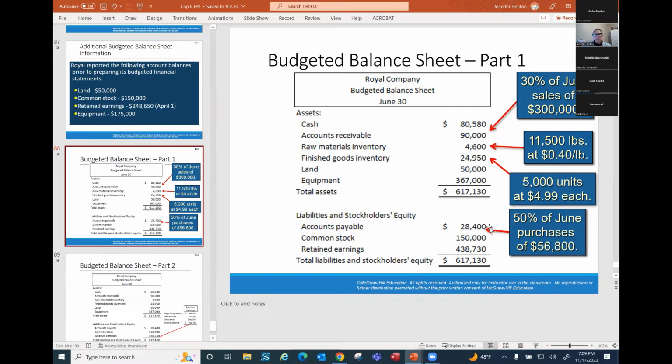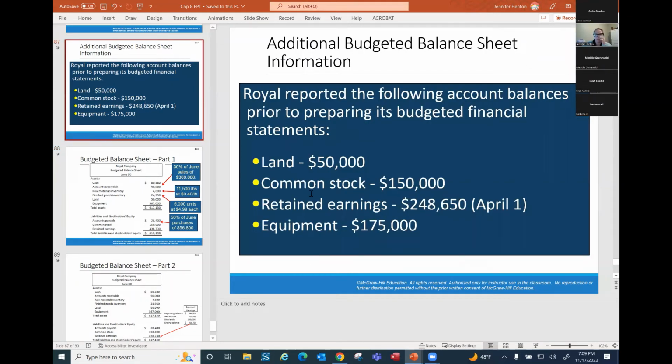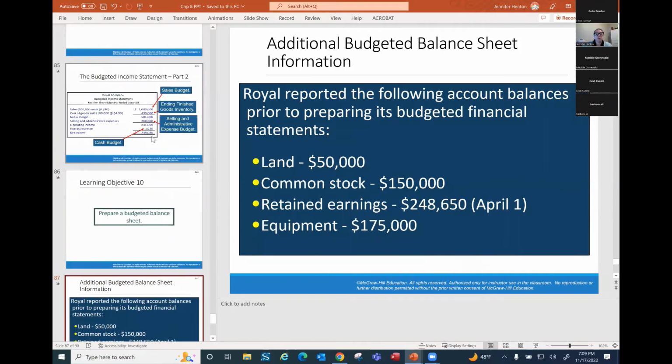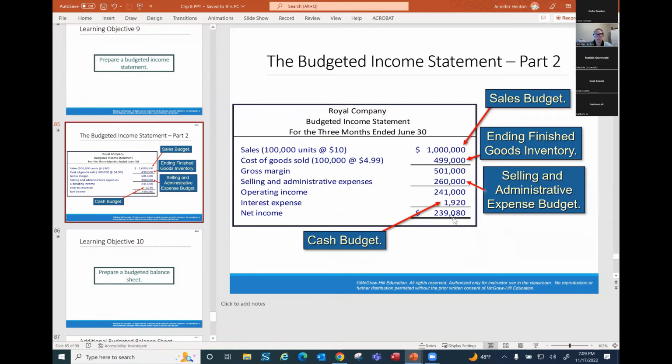Common stock of 150, which was just given to us, and then we had retained earnings of 248,650. That was given to us on this slide right here as of April 1. But remember, we had some net income for third quarter that we just calculated.